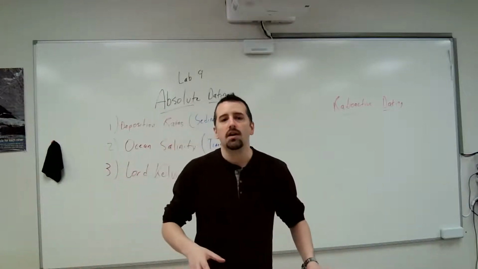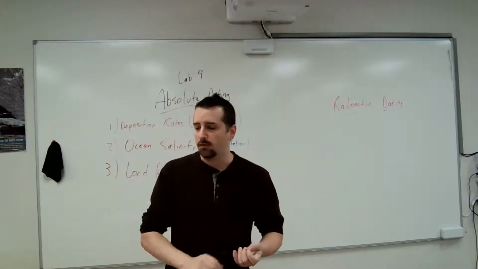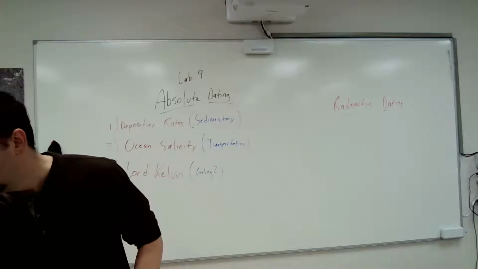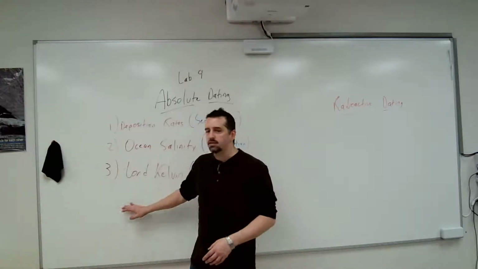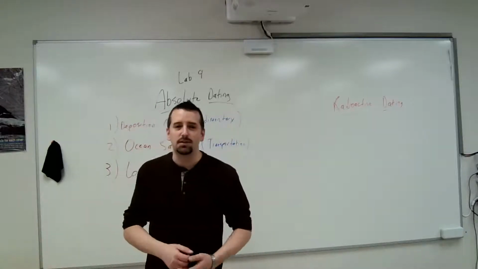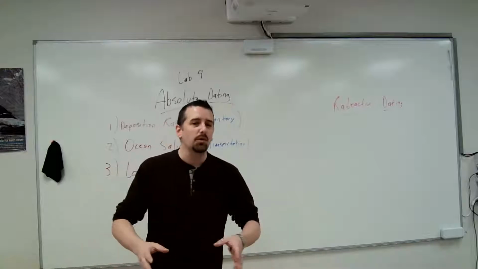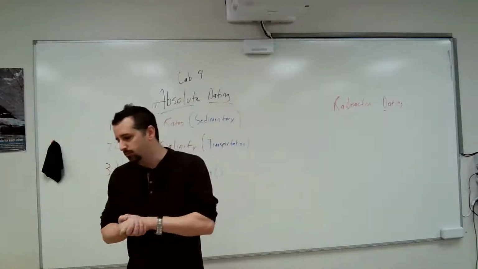Okay, so the first thing we're going to do, I'd like you to turn in your lab manual to page 114. On page 114, we're going to discuss ways that we have attempted to date material, but which haven't quite worked. There are multiple ways for us to do this.